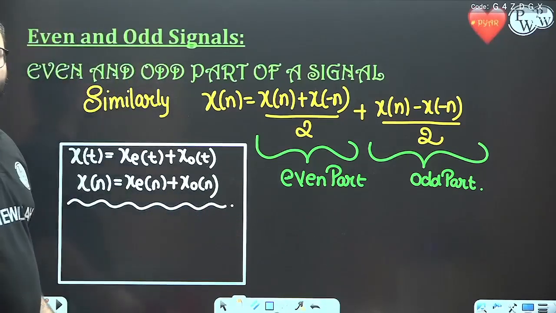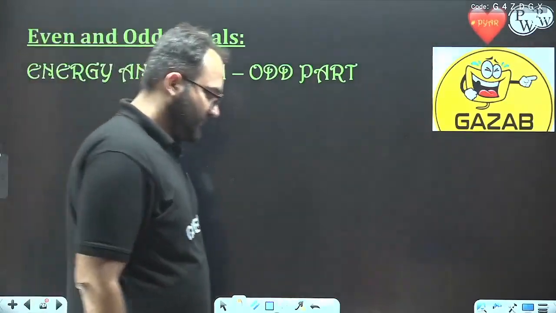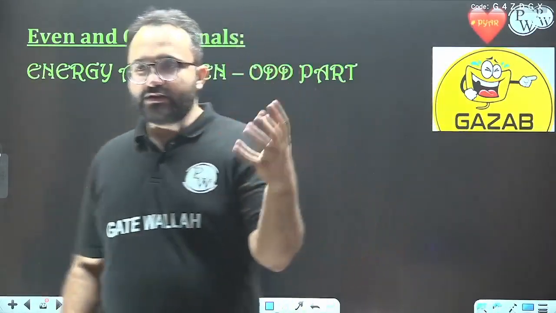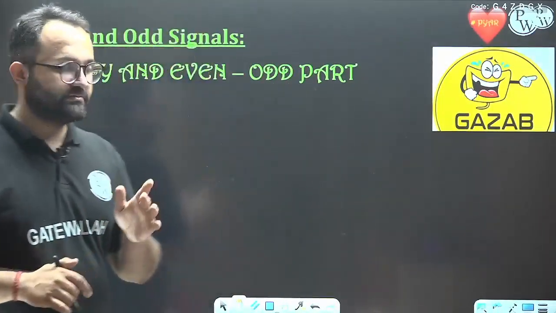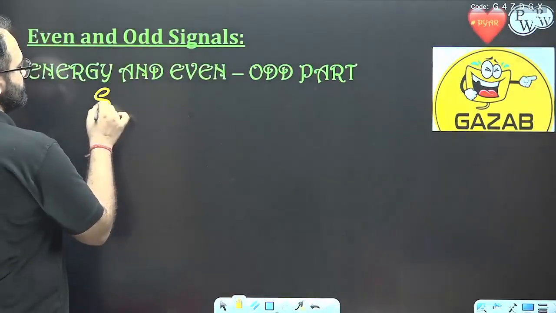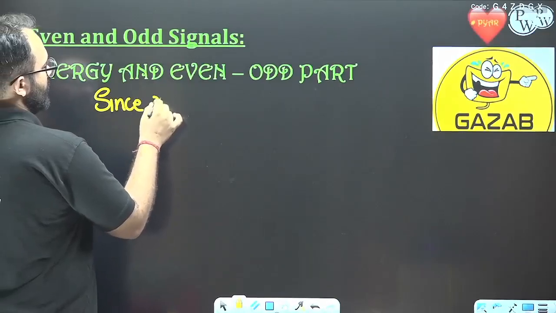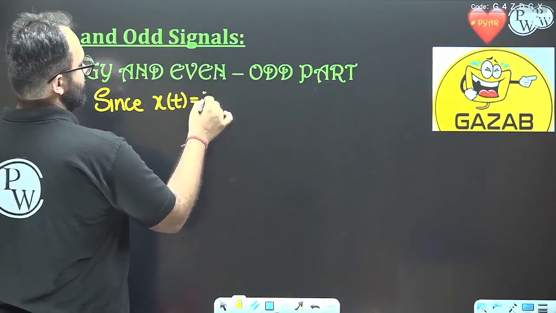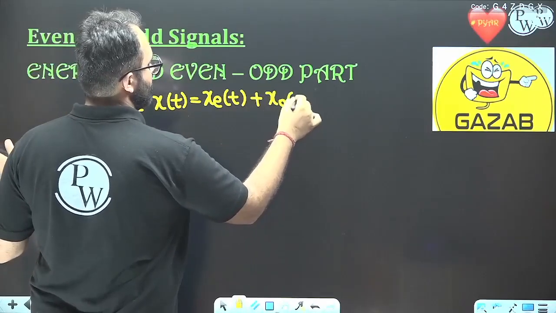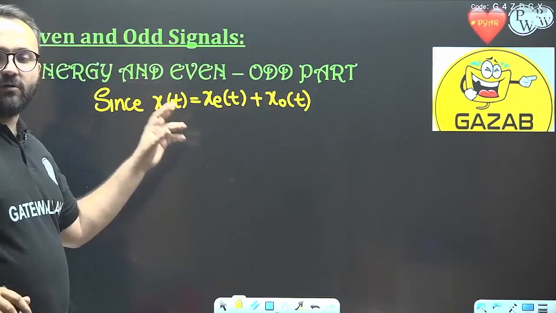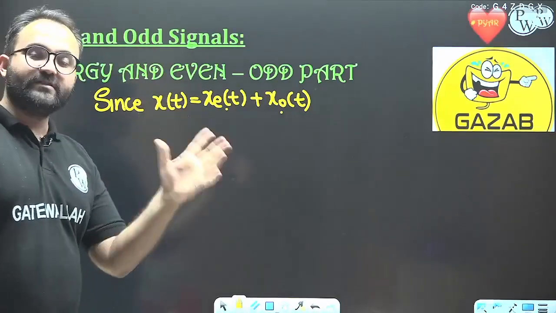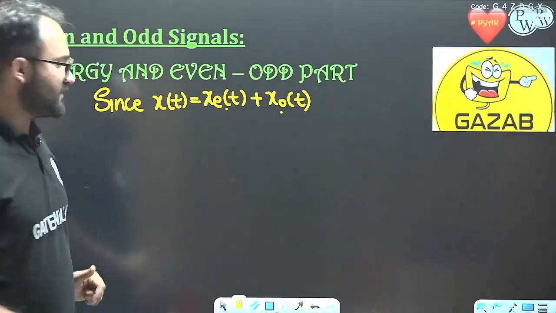Great. Now, this property is the energy of the even part and odd part. The concept is that since xt can be written as the sum of even part and odd part, and just now I have told you that these two are orthogonal to each other because even signal and odd signal are orthogonal to each other.